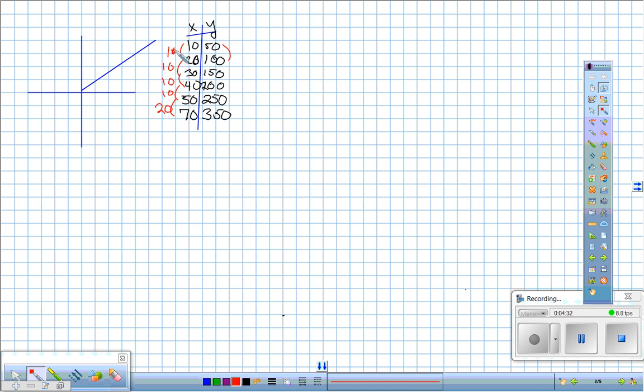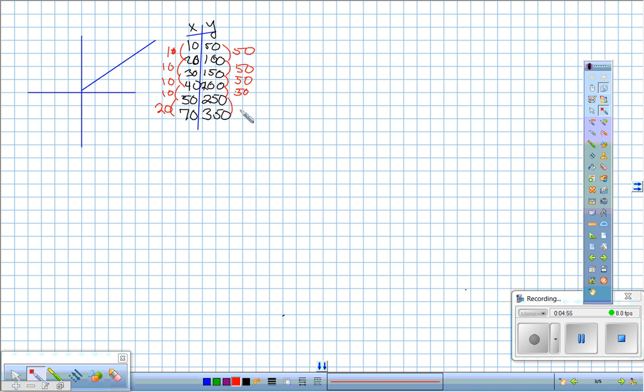As long as my x values are staying the same distance apart, we need to make sure that these also stay the same distance apart. So 50 to 100 is 50, 100 to 150 is 50, 150 to 200 is 50, and 200 to 250 is 50, sorry.